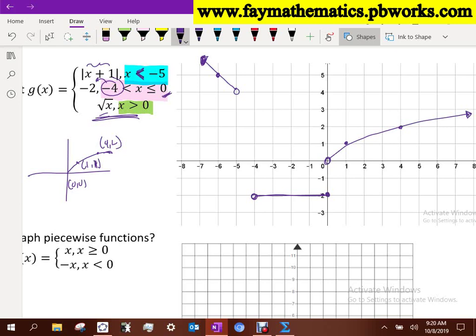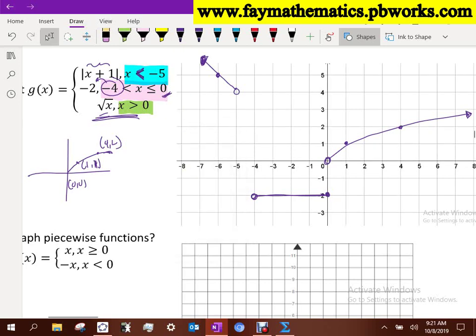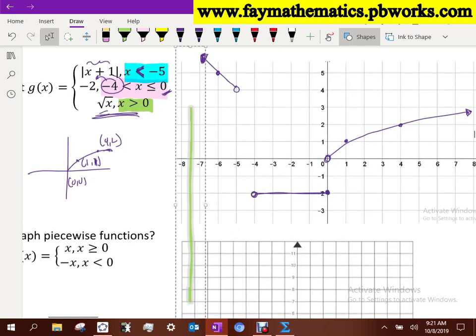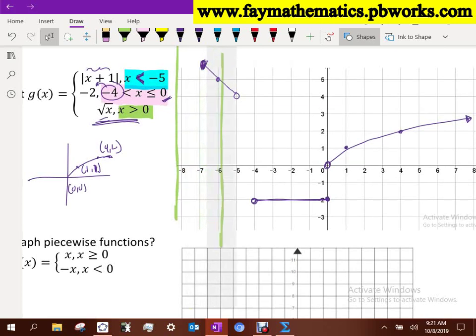The idea then, if this is a function, and all of these should be functions when we're done, is that we should pass the vertical line test. So as I move that through, it starts intersecting up top, right?